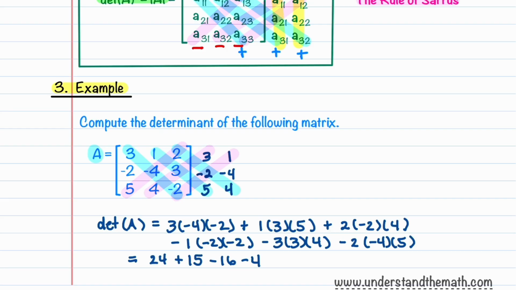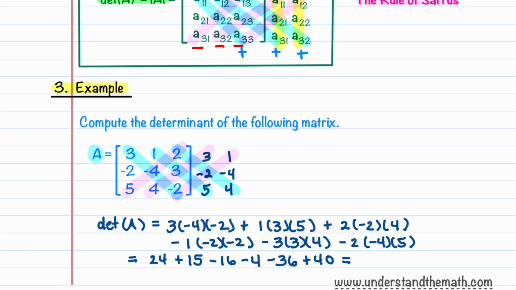Hang with me, we have 2 more to do. And then we have a minus 3 times 3, which is 9, times 4 is 36. So that's minus 36. And then lastly, we have minus 2 times minus 4 is 8, times 5 is 40. So we add 40.